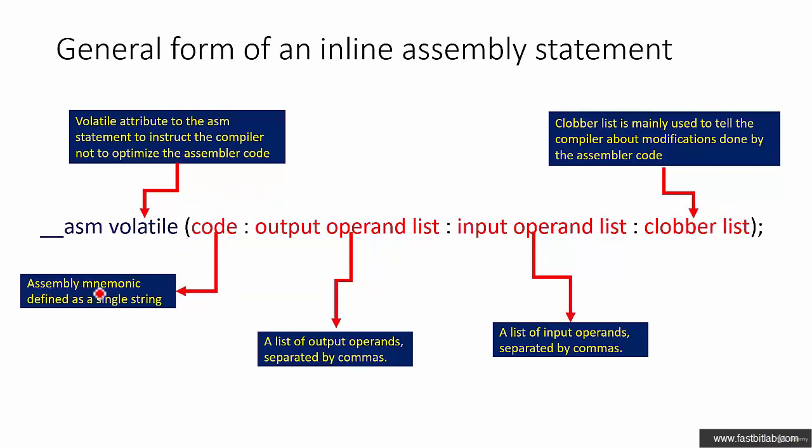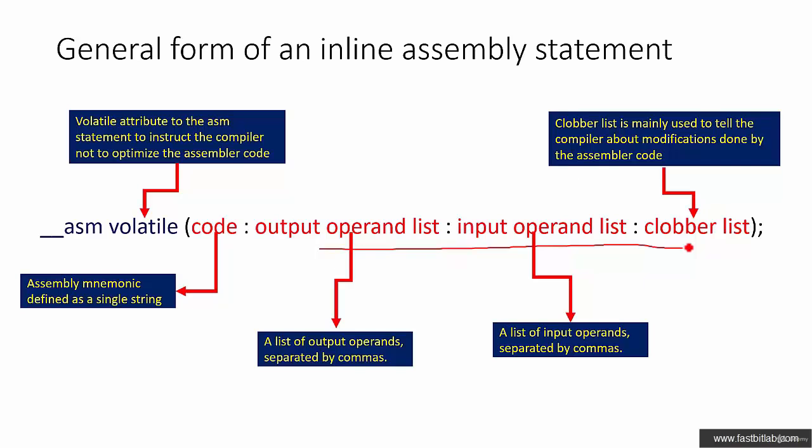After that, assembly mnemonics you have to mention here, like the example we saw in the previous slide. Apart from assembly mnemonics, it has three other parts, what we call the operand list and a clobber list.